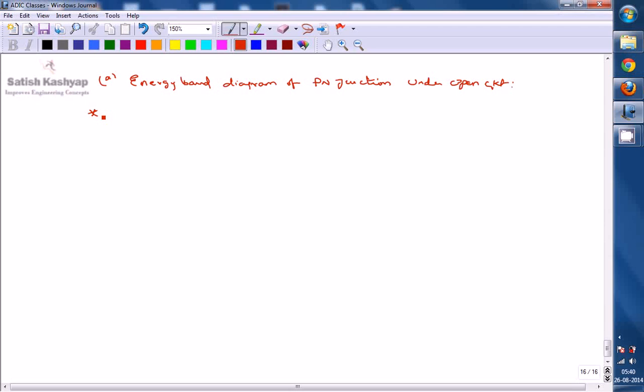So under the equilibrium condition, the Fermi level of p-type and n-type will be at the same energy level. This is a very important statement that we are going to start the energy band diagram of PN junction under open circuit with. So the statement is, under equilibrium condition the Fermi level is constant throughout the PN junction.